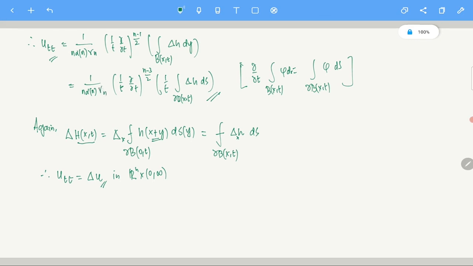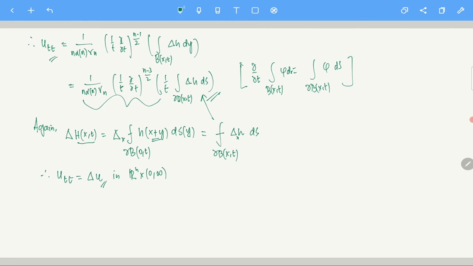Now if you calculate the Laplacian of capital H, that is basically the Laplacian of small h. So if you replace this particular term by capital H, u_tt is this whole thing, 1 by t times capital H.